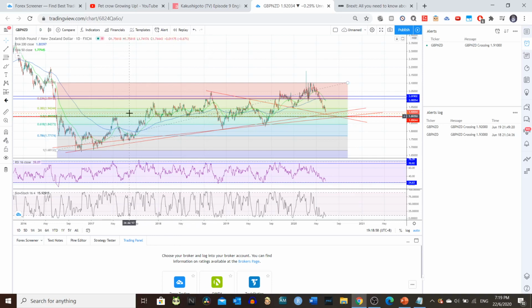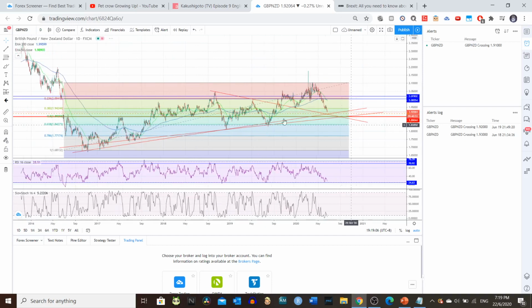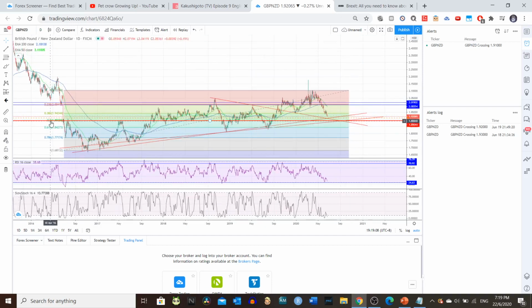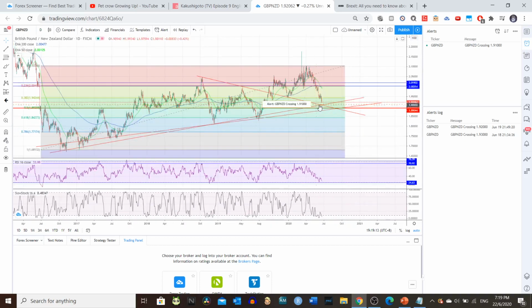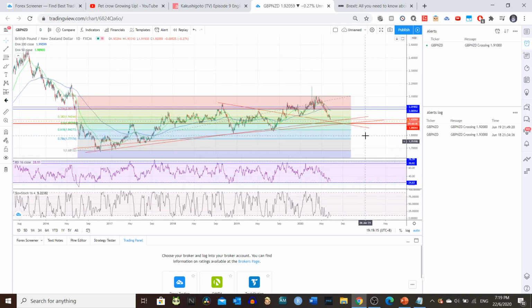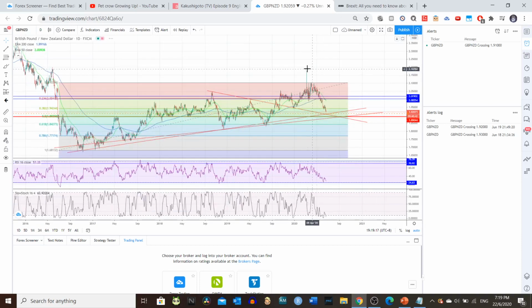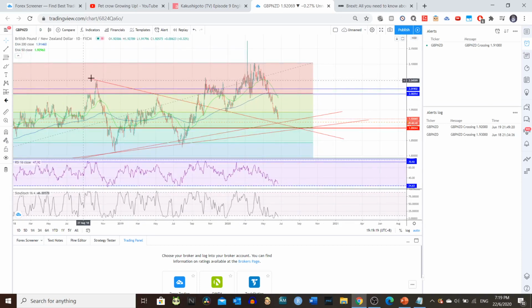As you can see here, there's a very clearly defined channel where price just goes back and forth, right? And it also corresponds directly with the 0.5 fib retracement level, and also coincides with these two trend lines over here. There's also a descending trend line that I've drawn to connect all these tops and bottoms, and I get a trend line that goes like this.